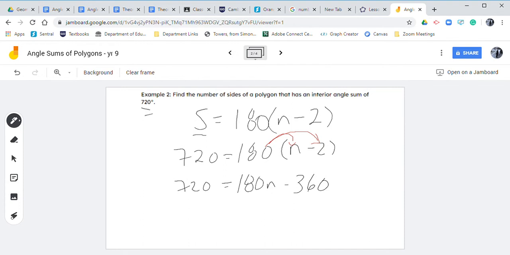I now need to isolate n, so I'm going to add 360 to this side and add 360 to this side. These 360s cross out, and I have 180n right here. 720 plus 360 gets me 1080.